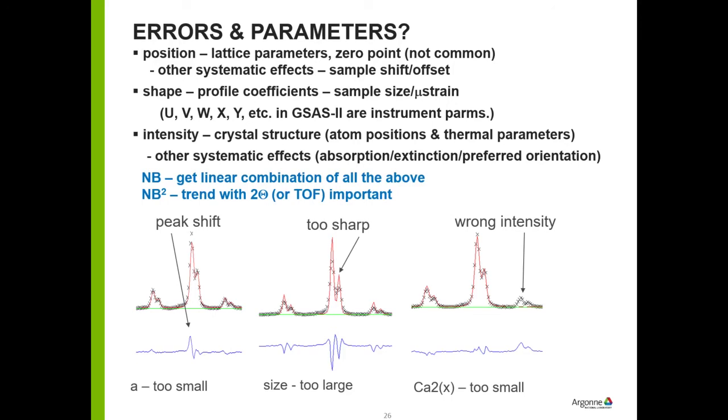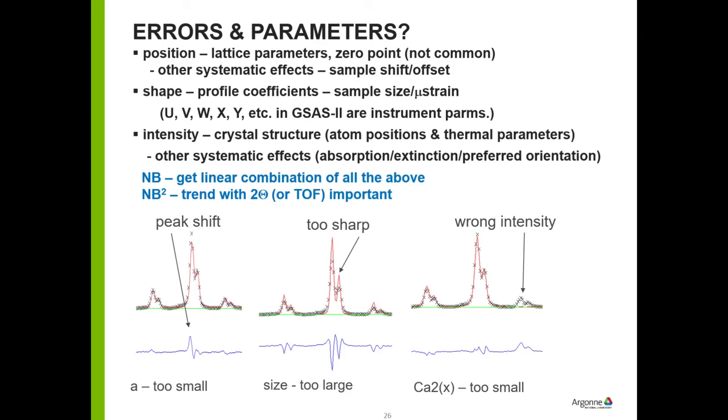The second thing is, if there's something wrong with the crystal structure itself, then the resulting difference curve is simply going to look like the diffraction peaks, but they could be plus or they could be minus. The shape of the difference curve is going to be the same as the shape of the original diffraction pattern, just scaled up and down.